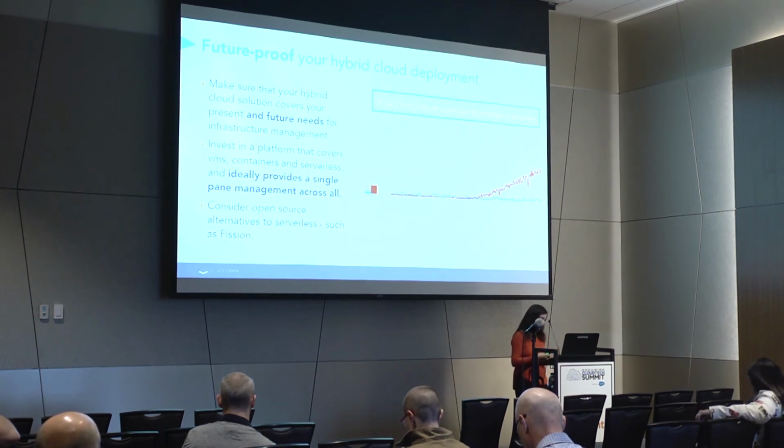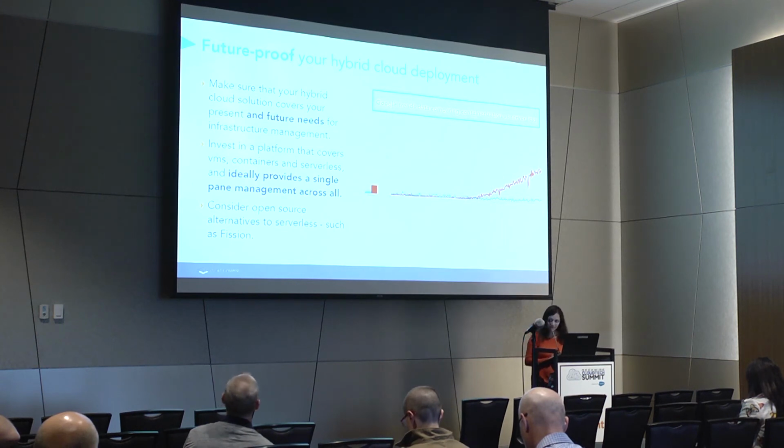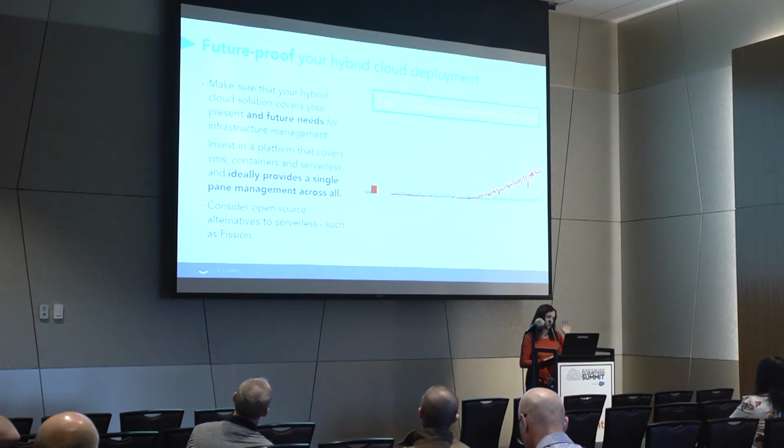So as an example, again, I always like to mention open source alternatives. That's something that we are experts at. Fission is an open source alternative for doing serverless on top of Kubernetes. I have to mention that Fission is something that Platform 9 has built. It's a completely open source framework, and it can run anywhere Kubernetes can run, which means it can run on your laptop, in a private cloud, or in public cloud or across hybrid.